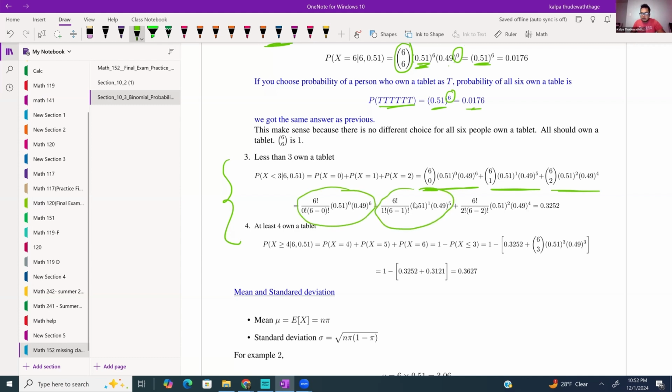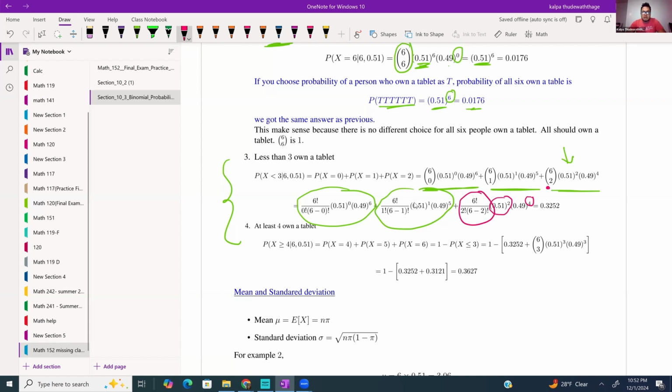So let's discuss the situation of 2 people owning a tablet. That means this is the probability of owning a tablet raised to the power 2. There are 6 people, so 2 people owning a tablet means 4 people do not own a tablet. So how many ways can you select 2 out of 6? This is the combination.